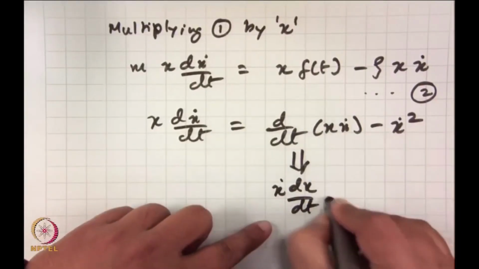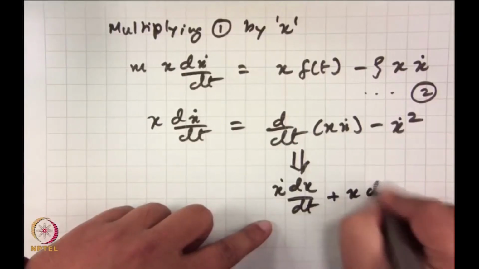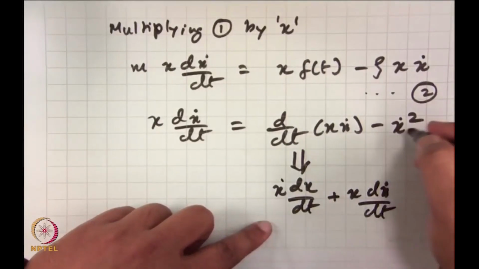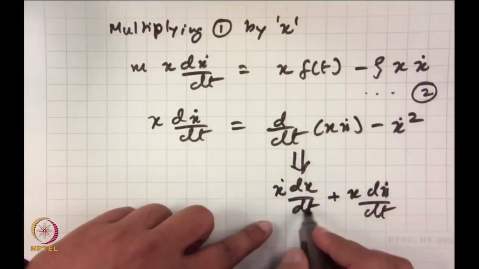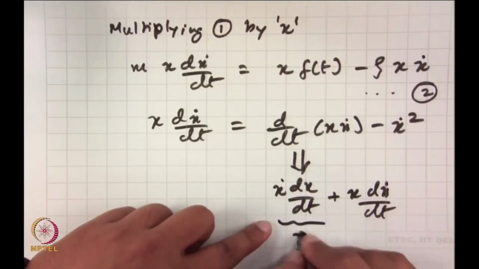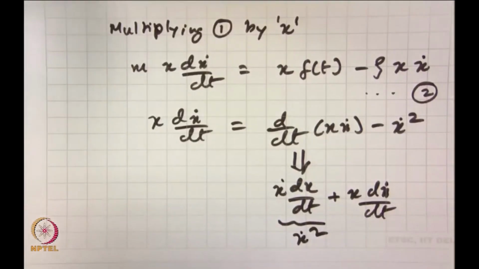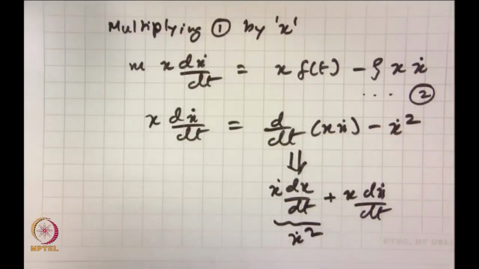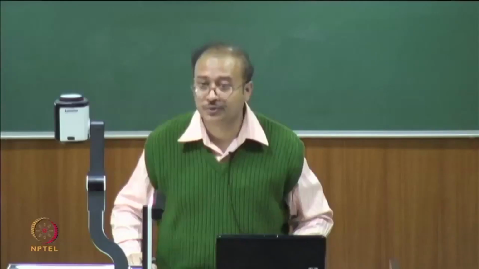Then the next one is x d x dot over dt, and then you already have minus x dot squared. What is this one? This is x dot squared. So, x dot squared cancels out, and you are left with x d x dot over dt. Okay, so that is a simplification, one change we are putting through.